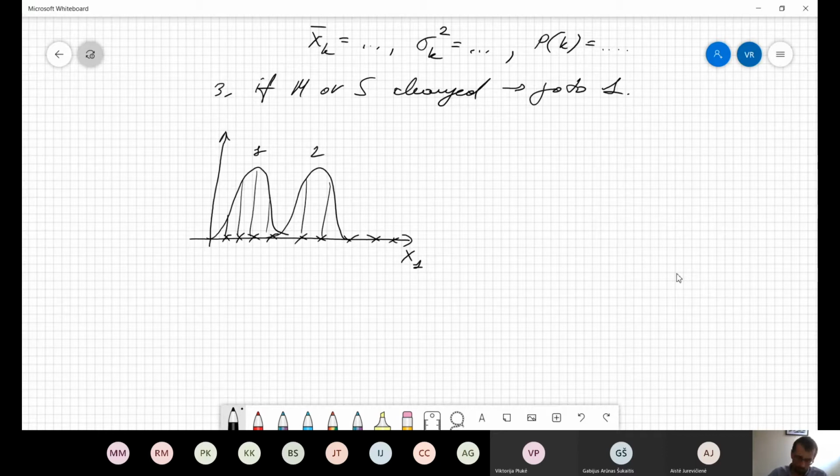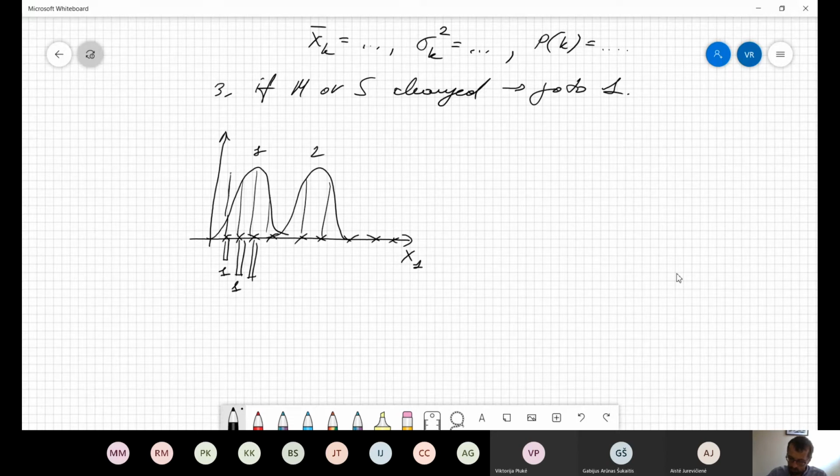So we assign values, and we will see that the second, inverse conditional probabilities will say that, for instance, this point is certainly 1. This is even more certain that it is 1.